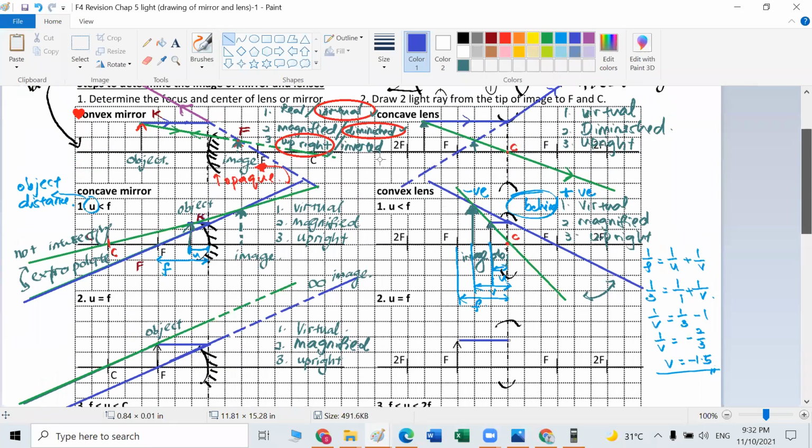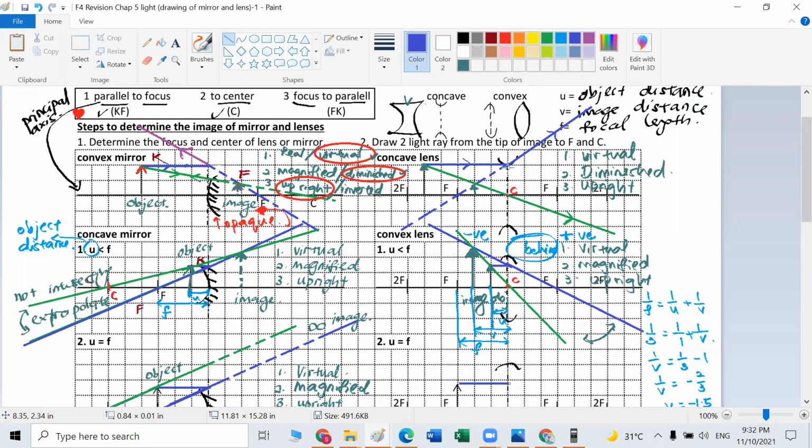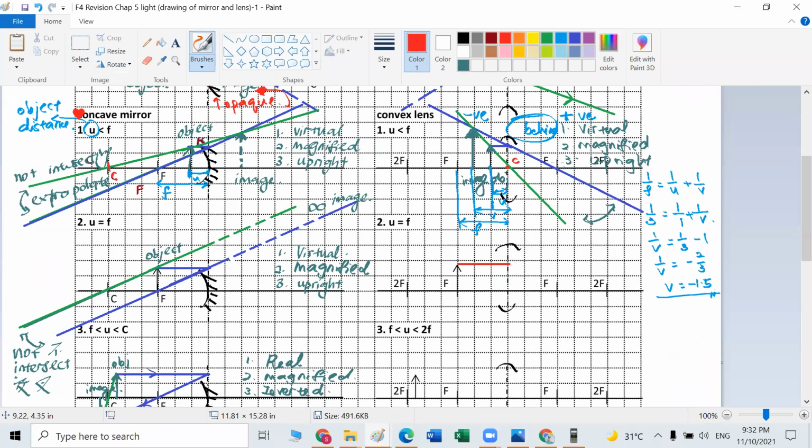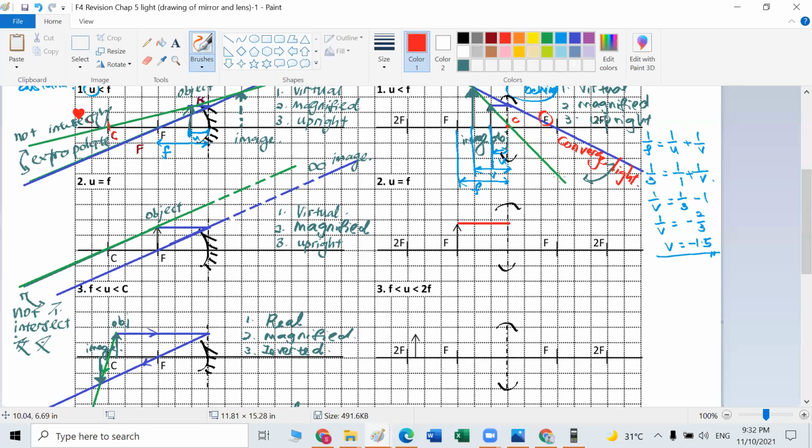Okay, concave lens, the light will be diverged out, so we go up. So we use the F in front. But convex lens, it will converge light, so we use the F behind. So we say converge lights. Okay, so now for this one, all the light converges.